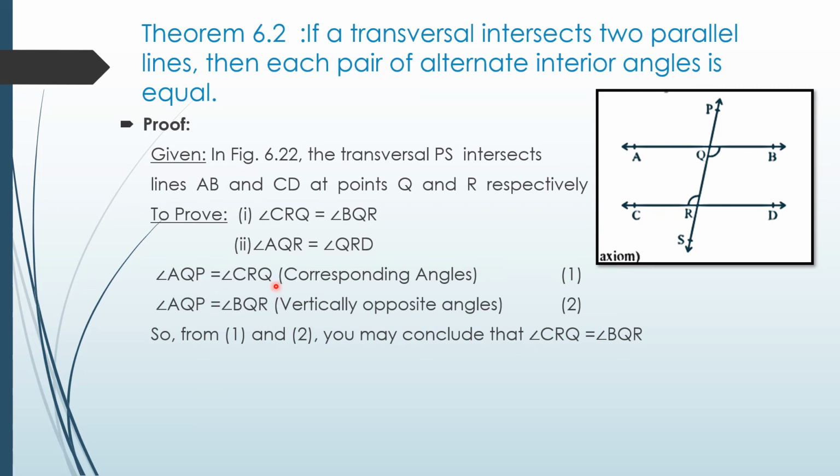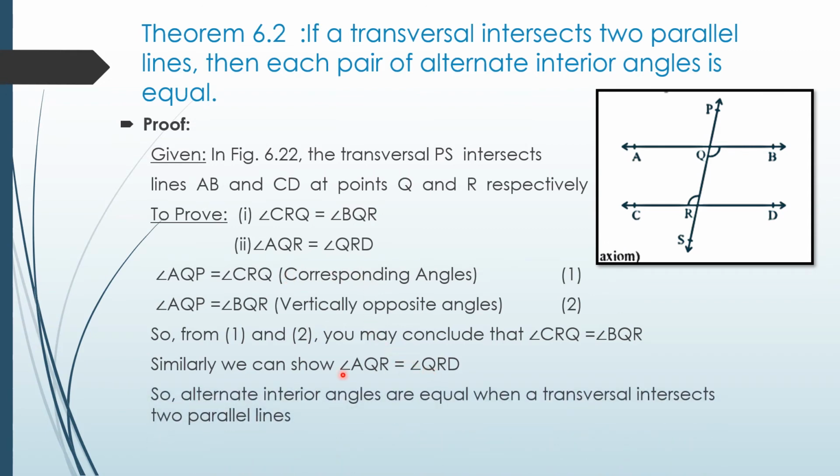So we can substitute these two angles as equal. So angle CRQ will be equal to angle BQR. Similarly, we can show that AQR would be equal to QRD. So we can show that alternate interior angles are equal when a transversal intersects two parallel lines.